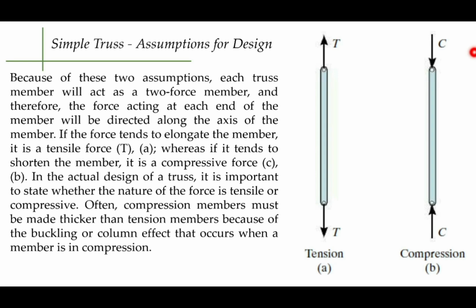In actual design of a truss, it is important to state whether the nature of the force is tensile or compressive, because when the force that will manifest inside that member is compression, the design must be made thicker than tension members because of what we call buckling or the column effect that occurs when a member is in compression.